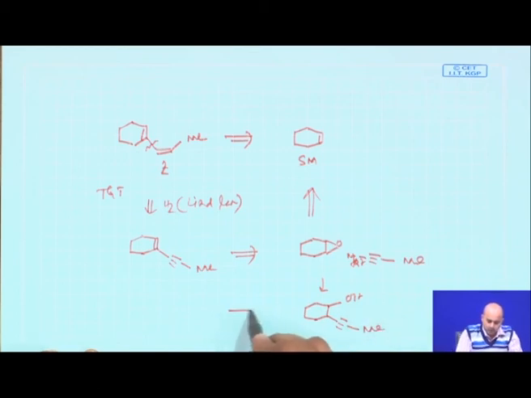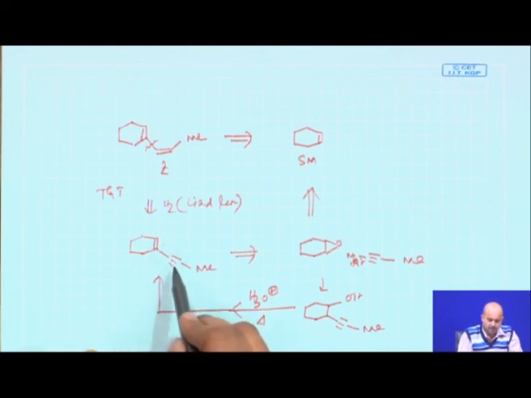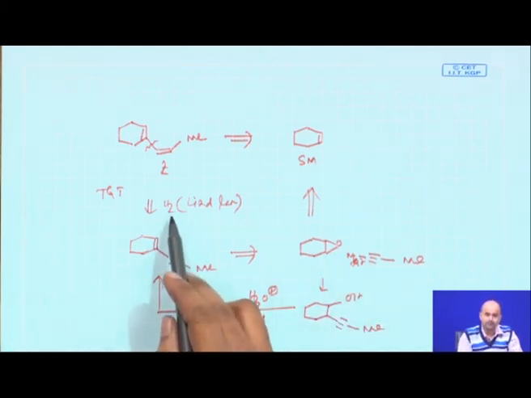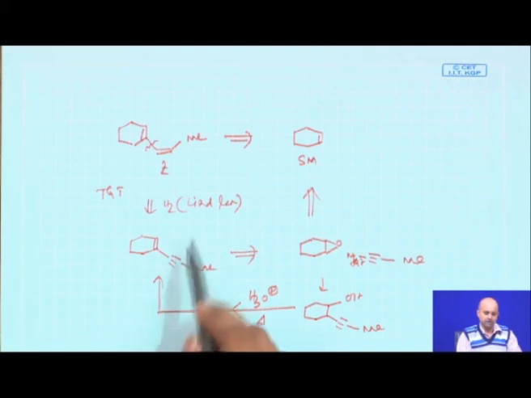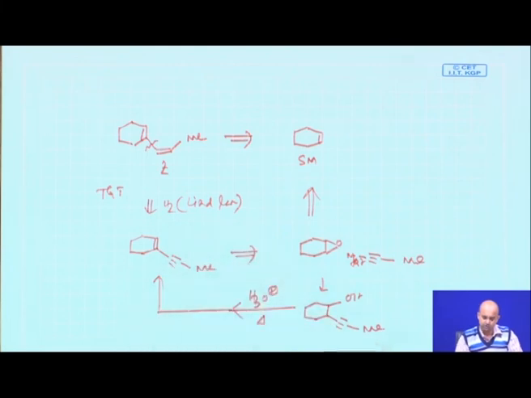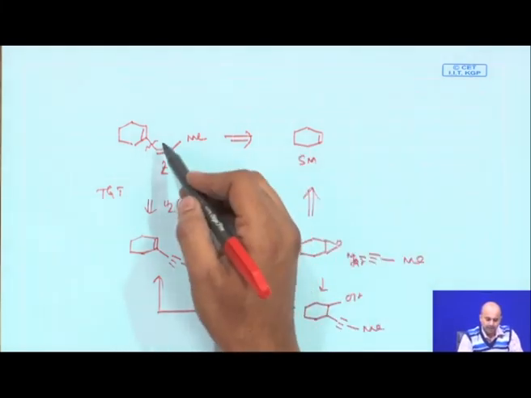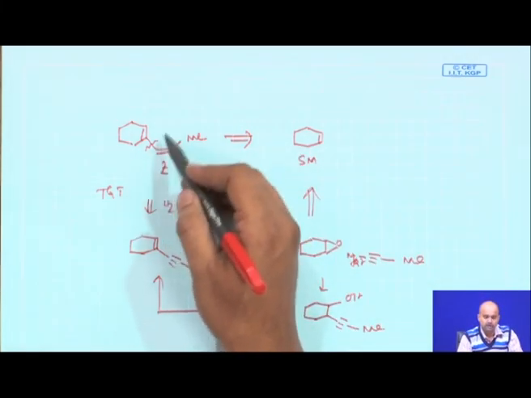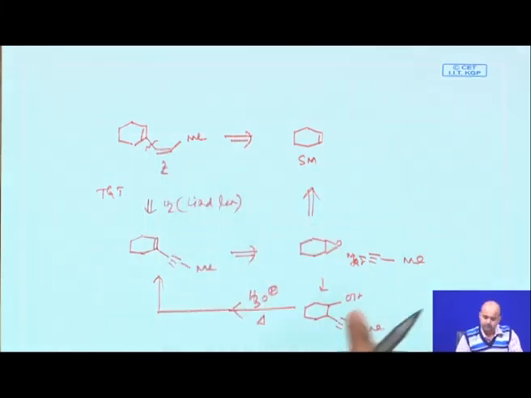Next, you need to do a 1,2-elimination by simple acid treatment and heat. That will give you the enyne, and then you do a selective alkyne reduction with the Lindlar catalyst. So, this also gives you a very nice demonstration of appendage introduction through a stepwise way.